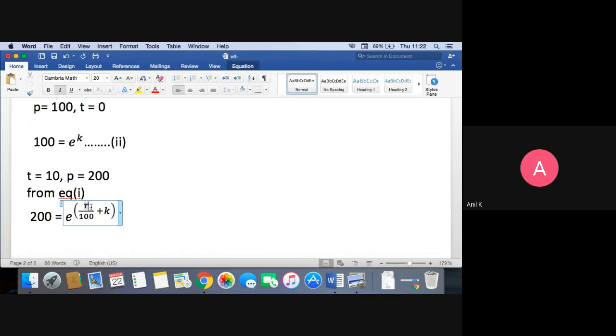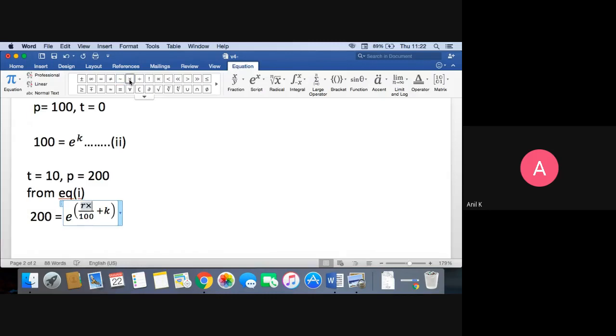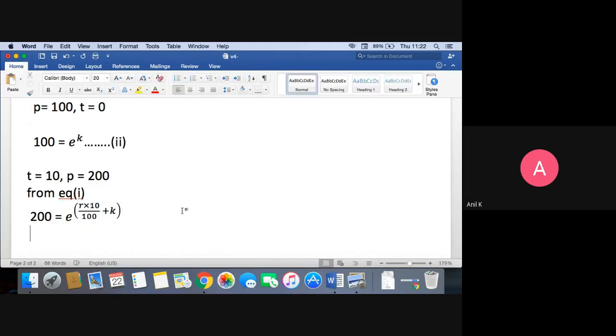Now what is given here? The r value, and multiplication, the t value is 10 years. I'll substitute the t value as 10. Next step, what you can write here is 200 equals e to the power of, here the numerator 10 will get cancelled with the denominator 100 ten times, so you'll get r upon 10, plus k.